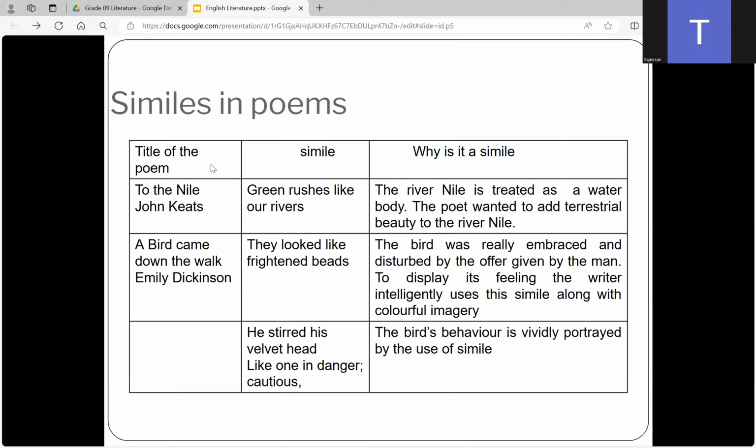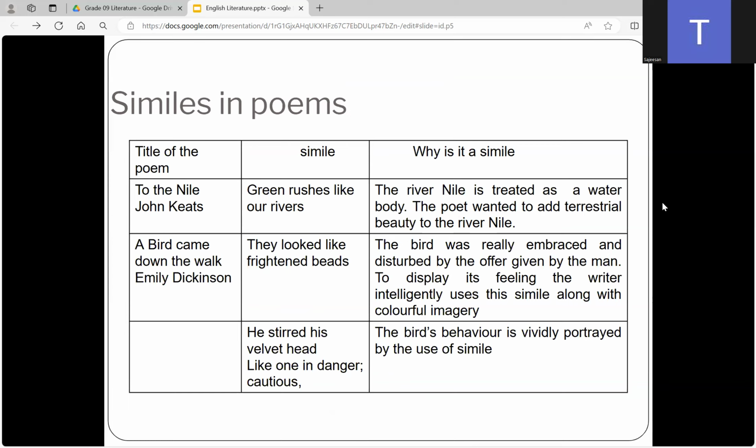Here you can notice the use of simile in the poem To the Nile, written by John Keats. Green rushes like a rivers. Why is it a simile? Because the river Nile is treated as a water body. The poet wanted to add terrestrial beauty to the river Nile.